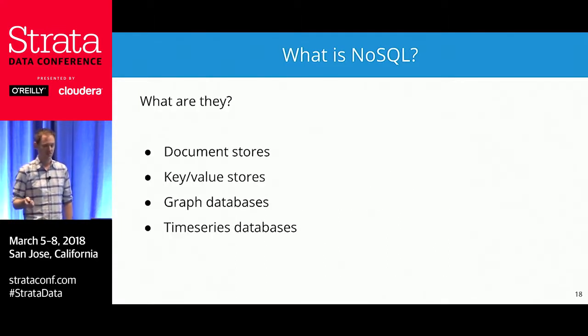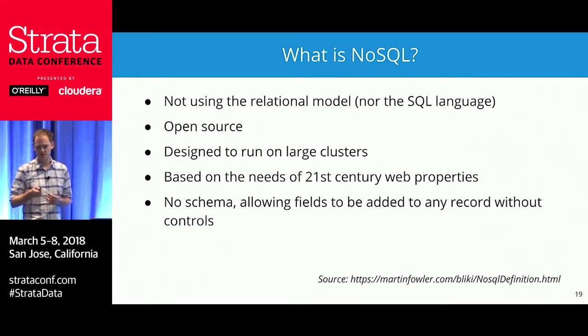What are these things? They're very different in terms of architecture. Some of them are document stores, some of them are key-value stores, some are graph databases, some are time series databases. They don't really have very much similarity in architecture. They don't have similarity in query language. So they're not similar in very many ways. What ties them together? Going back to the Fowler article, he identified a few things that tie these together.